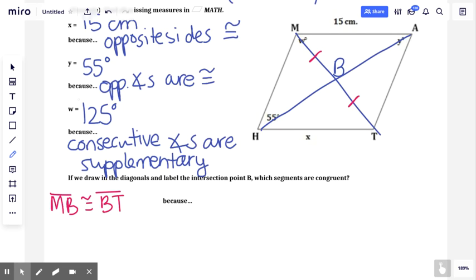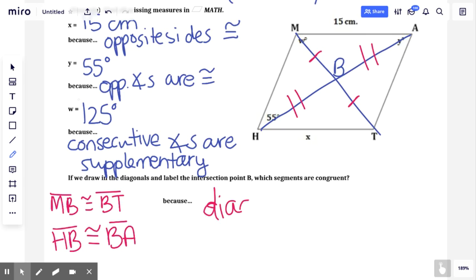Okay, and then HB would be congruent to BA. So those would be the same length. So we would say HB is congruent to BA. And we're going to say because diagonals bisect each other.